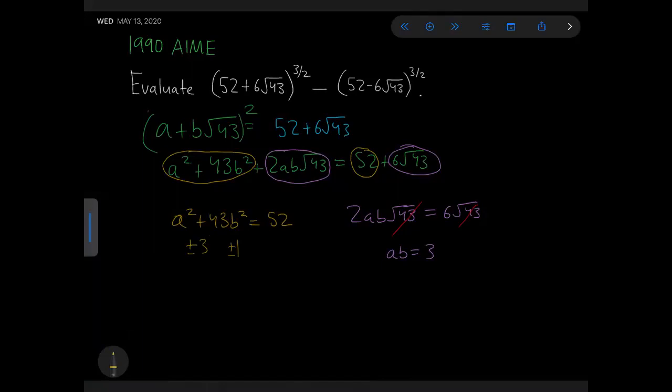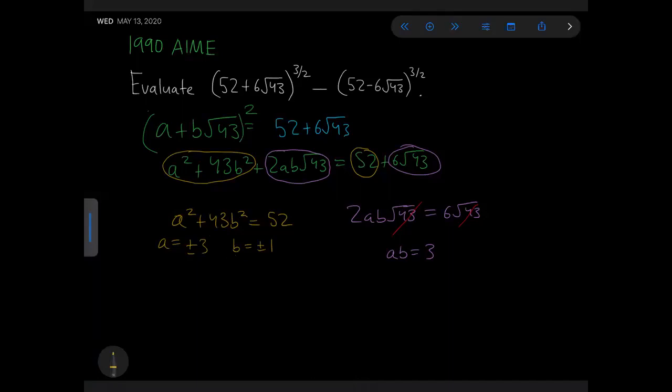Which makes sense, right? ab equals 3. And over on the left, you have a equals plus or minus 3, and b equals plus or minus 1. So let's look at this.